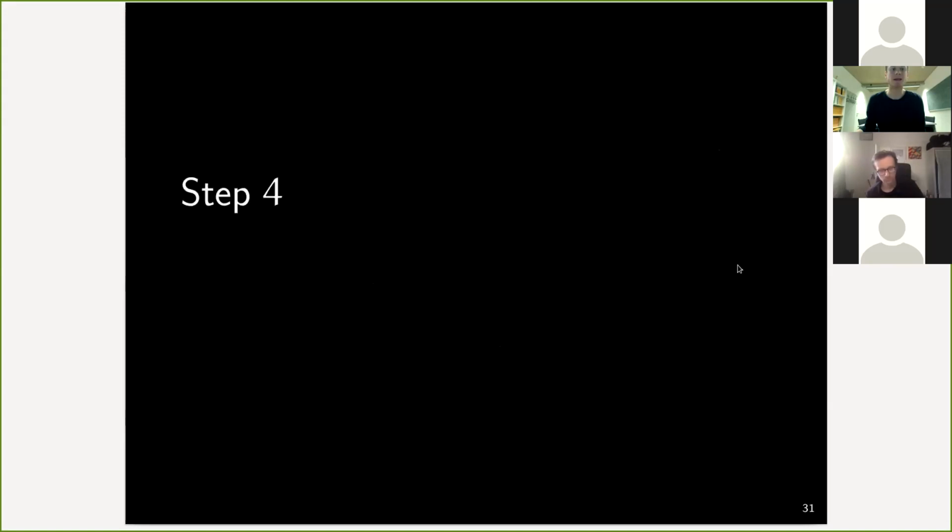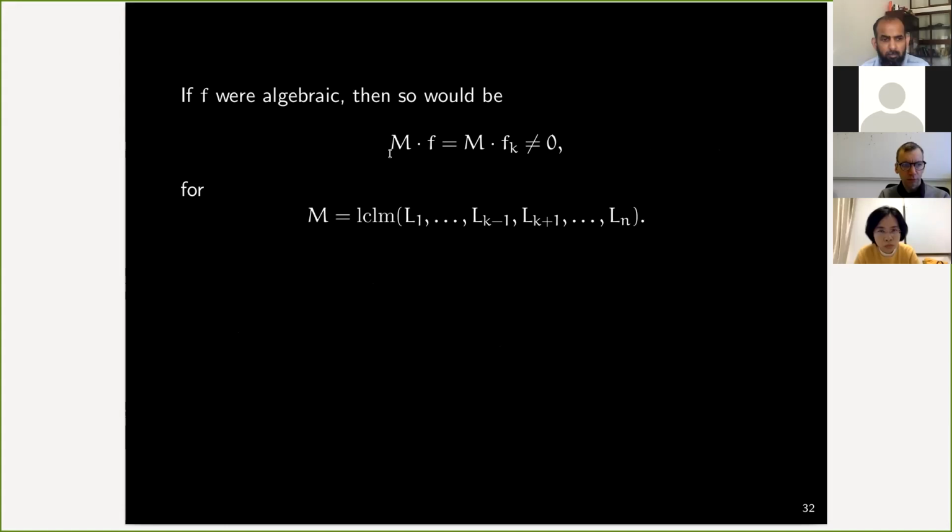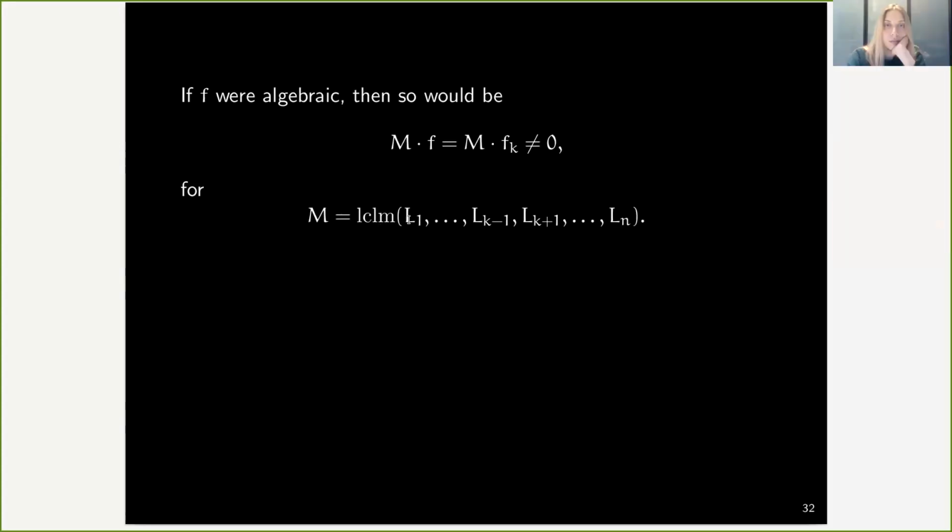Then it remains to show that the transcendental parts don't sum up to something algebraic. And how can this be checked? Well, if F were algebraic, then so would be M applied to F for any operator M, in particular for this least common left multiple of the Li's minus Lk.